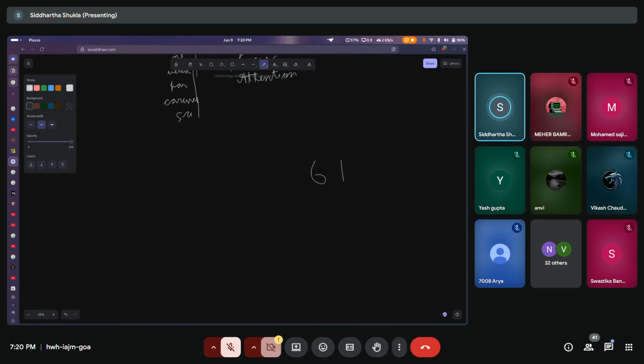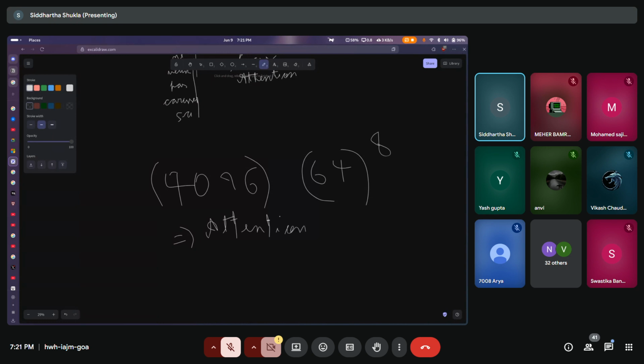If the size of the context window is just 64 tokens, then the size of the attention matrix would be 4096. All right, that's enough math for now.